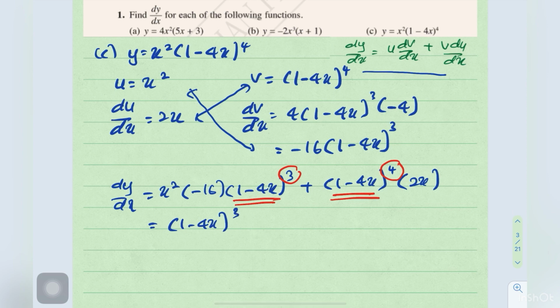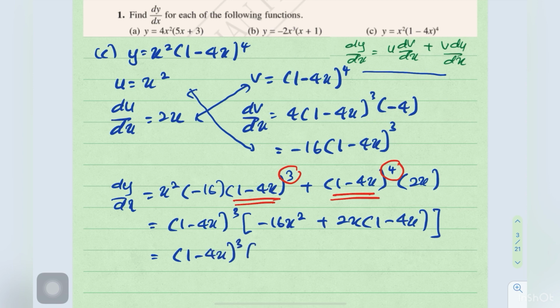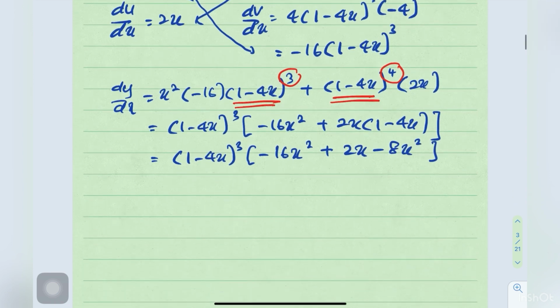So inside we have negative 16x squared plus 2x(1 minus 4x). Okay, so this one we expand and simplify: 2x minus 8x squared.